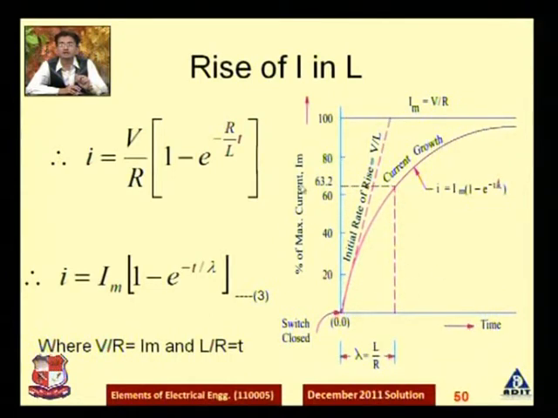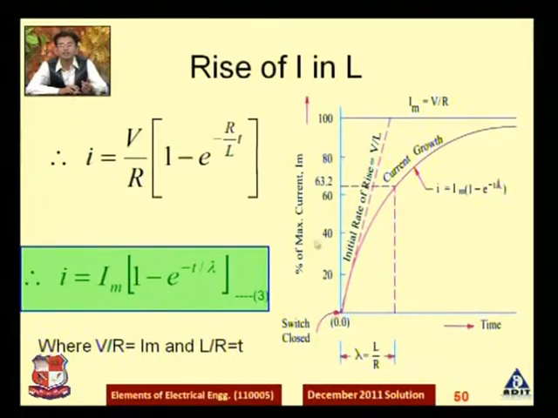So suppose the maximum of the current is, let's say, 0 to 100, and on the current curve, if you observe, you are getting one value. How to get this value? Let us see again with the definition of the time constant. It is also asked in your exam that define the time constant of a circuit.